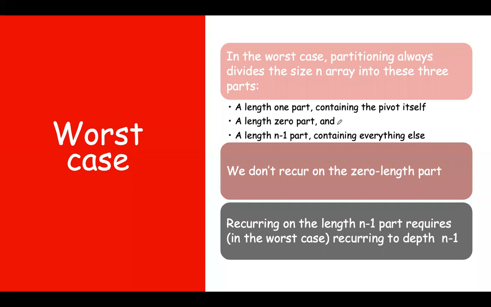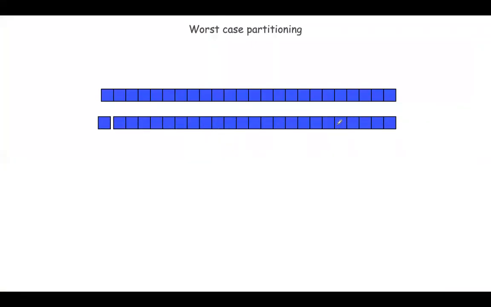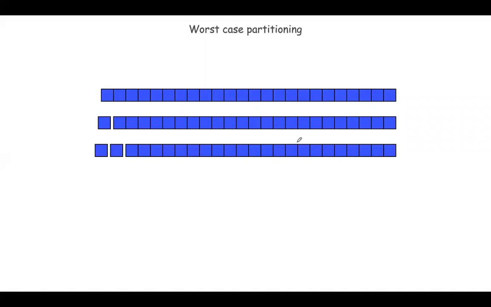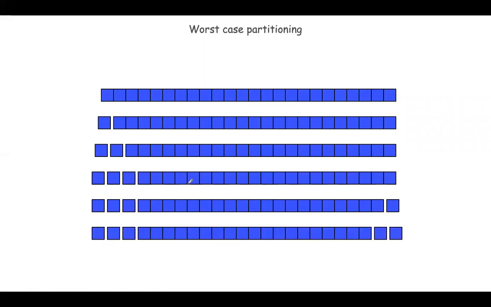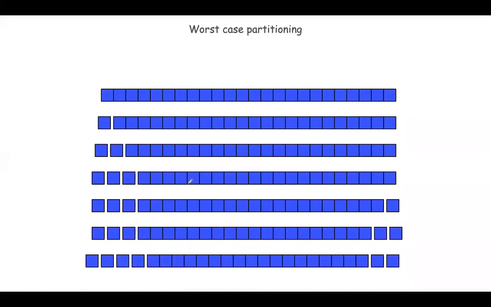If the array gets divided like this, we end up in the worst case scenario. You can see here, the pivot is in one part, and the rest of the elements are in another part. If you go on doing that, it will divide the arrays like that itself. So if you end up in situations like this, quicksort turns into the worst case. It will lead to worst case complexity.